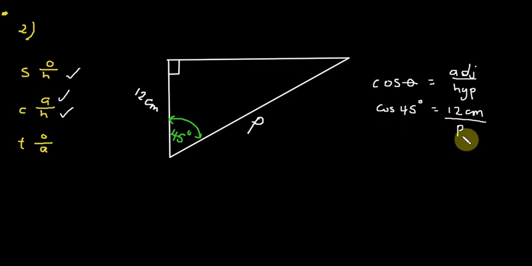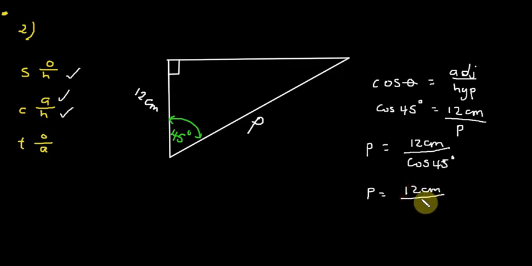When the unknown is at the bottom, then we divide. When the unknown is at the top, we multiply. So P is equal to 12 cm divided by cos 45 degrees. Or we simply make P the subject, solve for P. P is equal to 12 centimeters divided by cos 45.